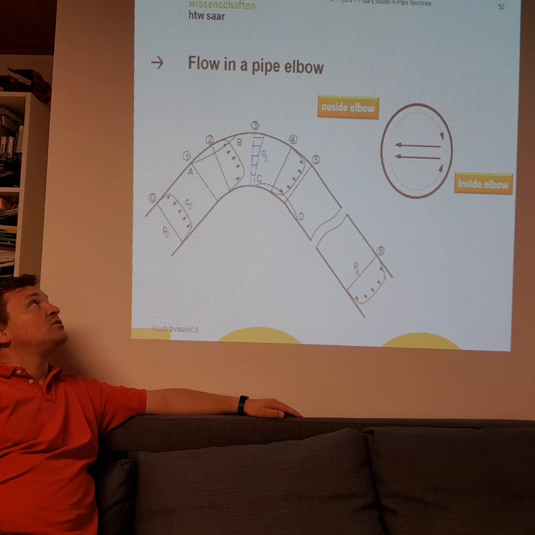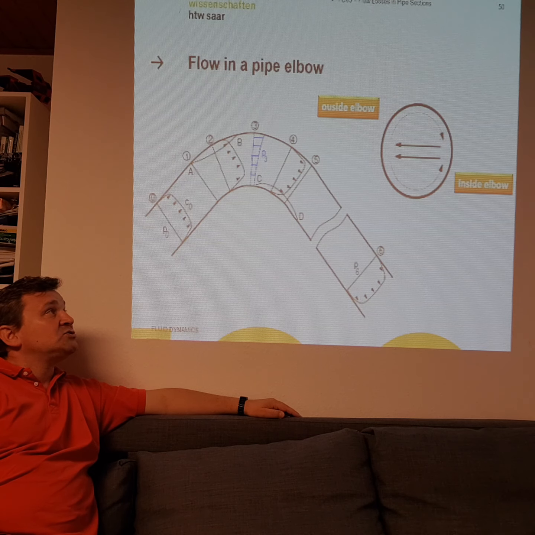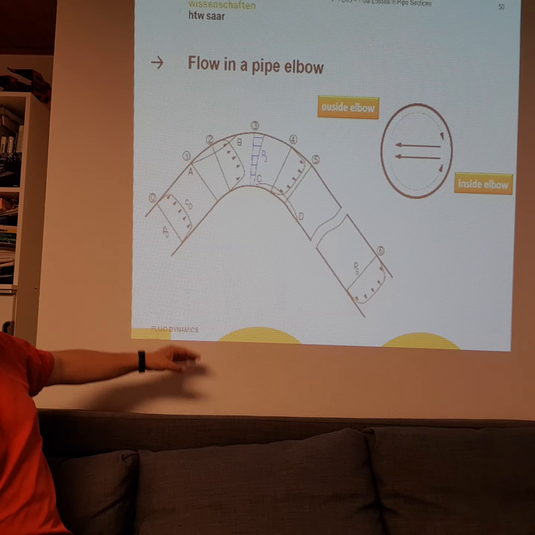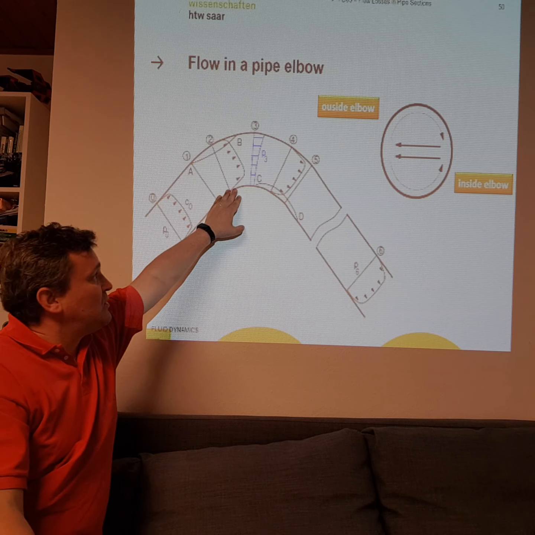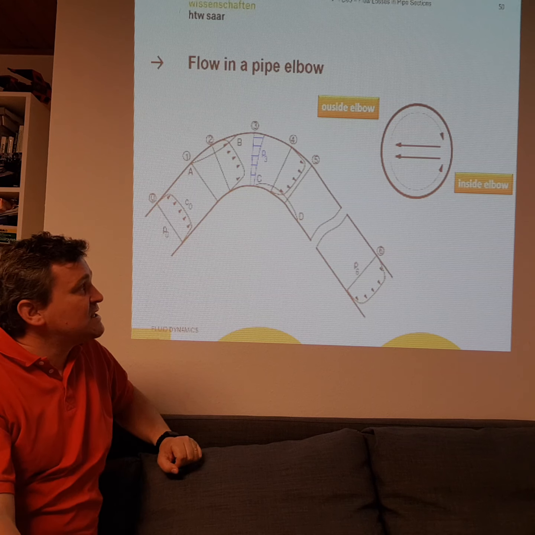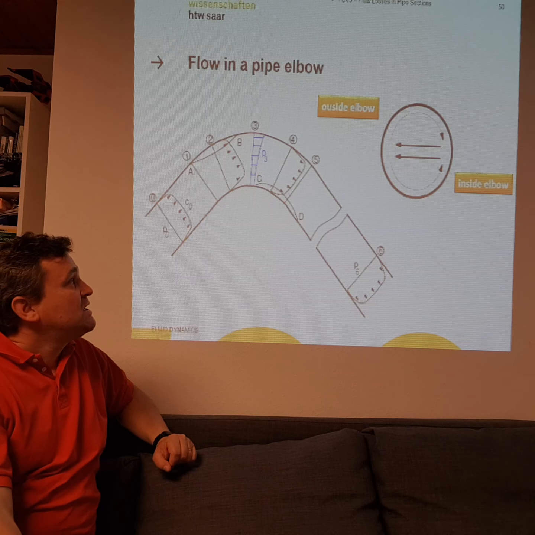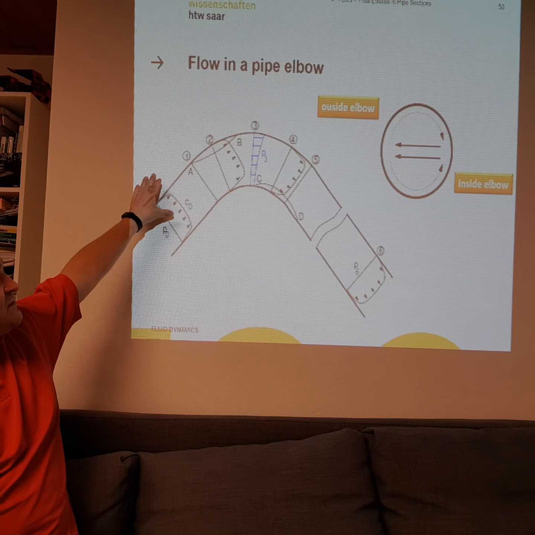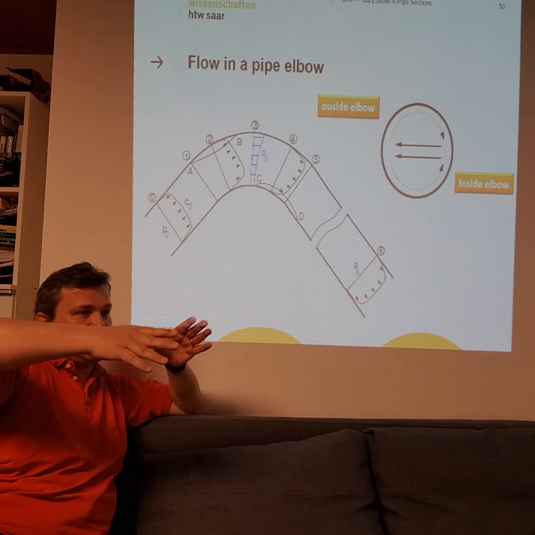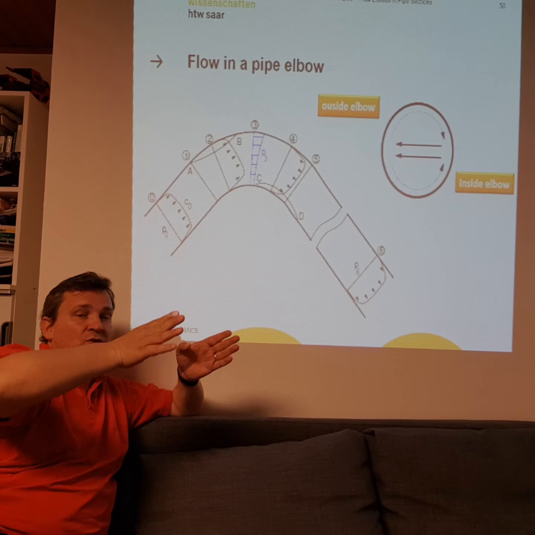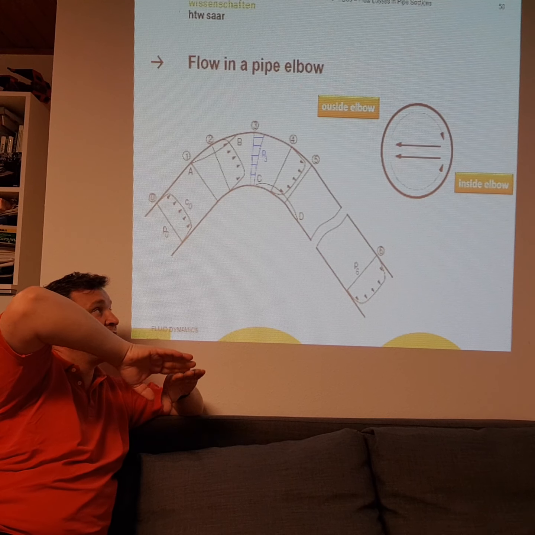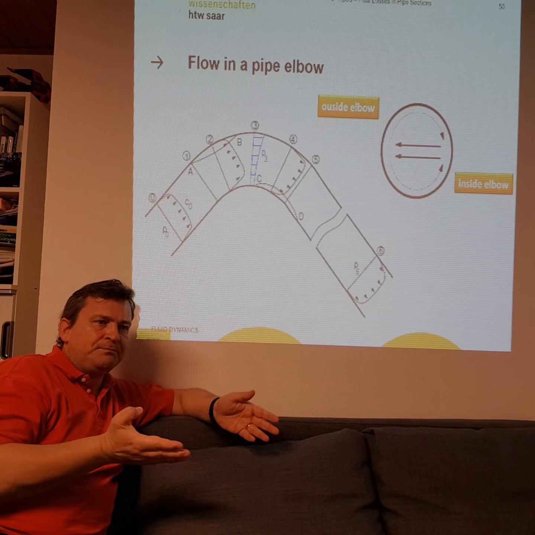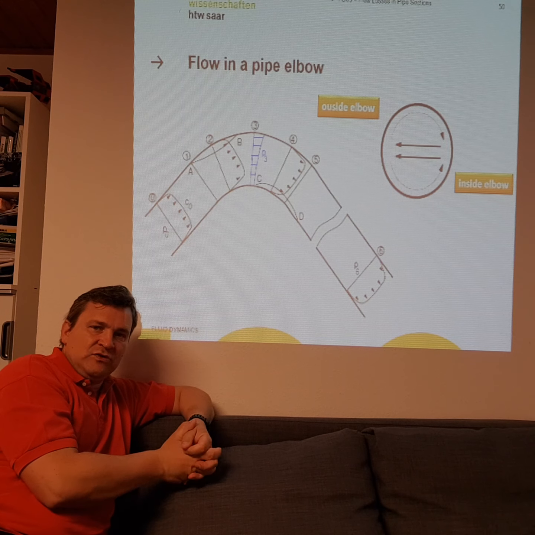Okay, here's also another small explanation of an elbow, and how the turbulence is built. I taught you that we always have a turbulent region after this elbow, inside the elbow, and additionally you induce a swirl in this flow field. The water inside the pipe will be faster at the walls, and it will cause a swirl, and that's also a law of fluid dynamics.